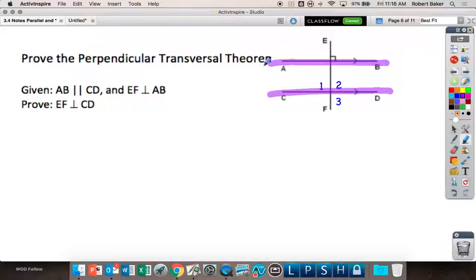You also know that EF is perpendicular to the purple lines. So you know that the purple lines are parallel and the red line is perpendicular. We are trying to prove that EF is perpendicular to CD.